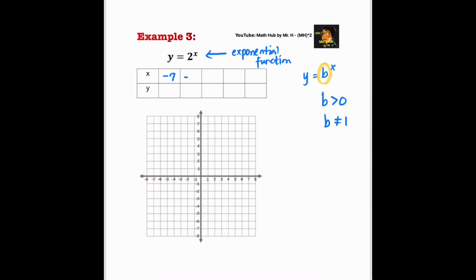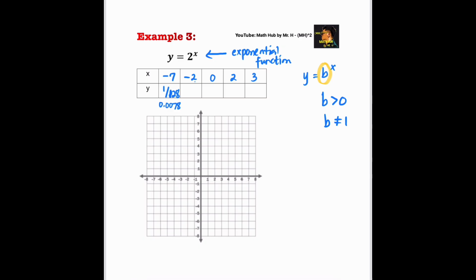-7, -2, 0, +2, and +3. Now, if x is -7, so 2 to the power of -7, it will be 1 over 128, which is equal to 0.0078.